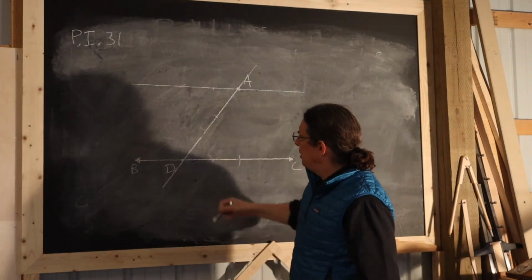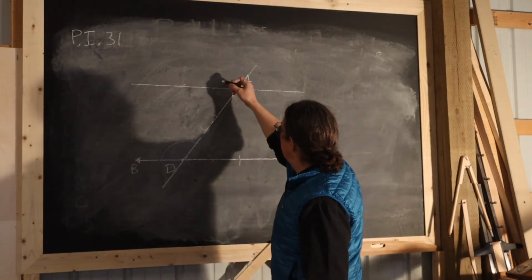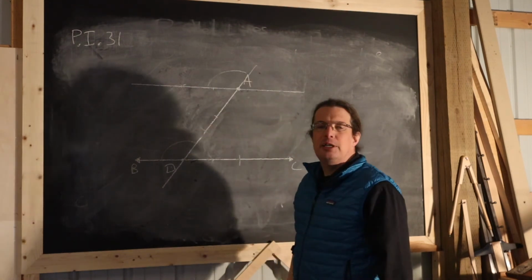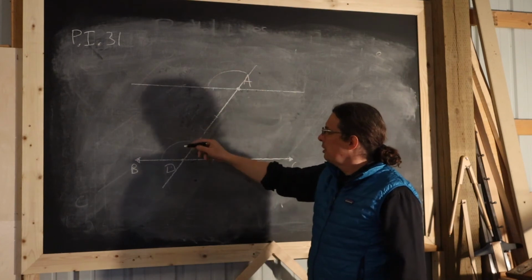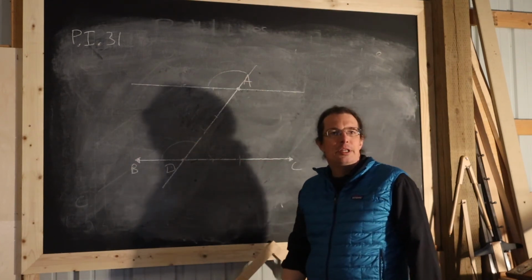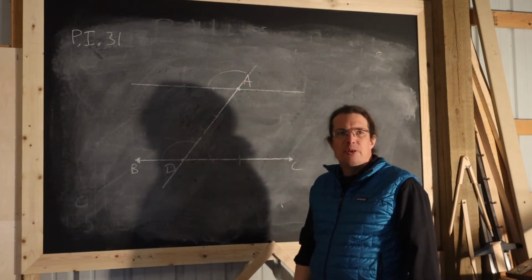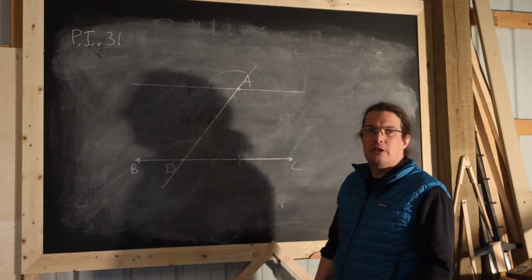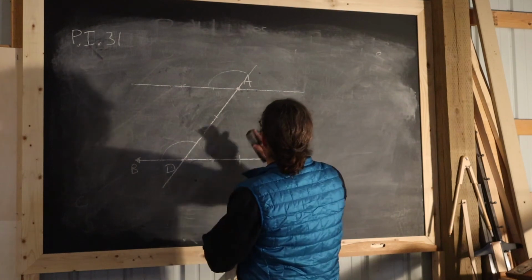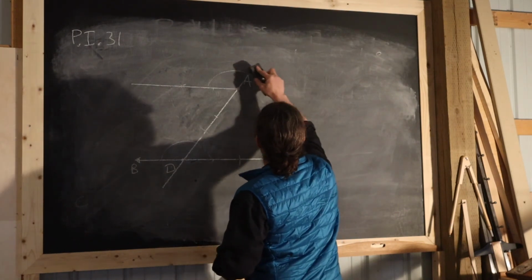I could have copied, say, this angle up to here. An exterior angle copied from the opposite interior angle, its corresponding opposite interior angle. I could have done that. And that's certainly allowed. Let's verify that that works.